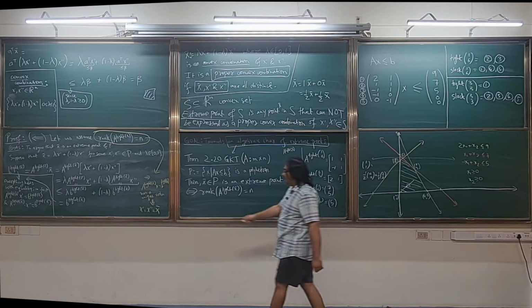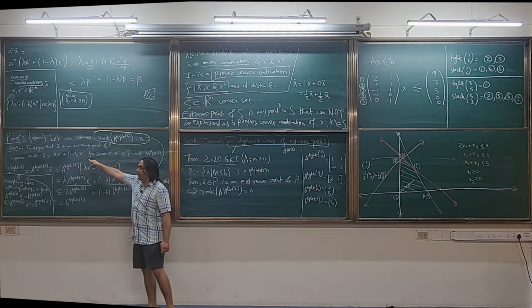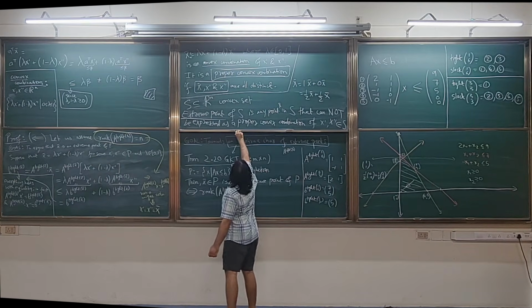So this basically tells you that whatever convex combination we wrote is not a proper convex combination.